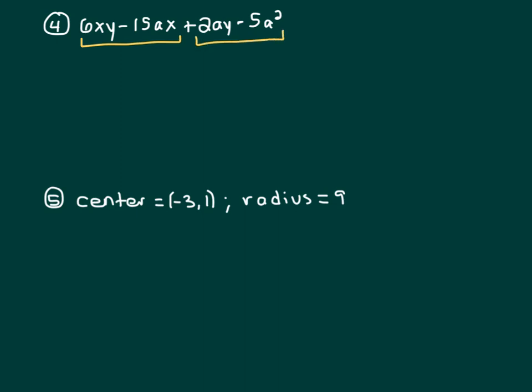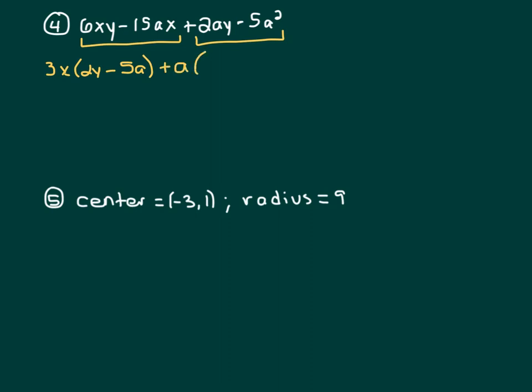Out of the first 2 terms, you could factor out a 3 and an x. And when you do, that's going to leave you with 2y minus 5a. Okay, and the next 2 terms, the only thing you could factor out is an a. Please make sure you put plus in front of the a.